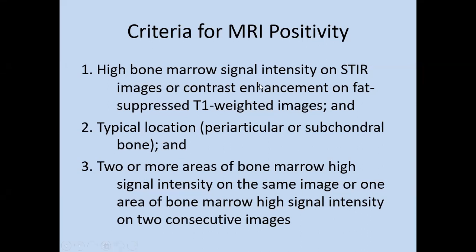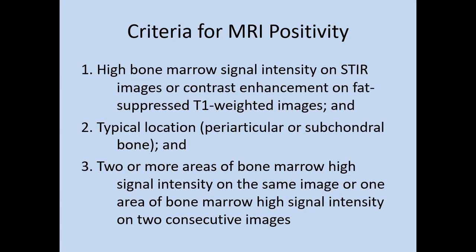The first thing is you should detect osteitis or the edema around the sacroiliac joints, and you detect that on either a T2 fat-saturated sequence or on a STIR sequence. Secondly, that edema should be in the periarticular or subchondral region of the bone. Criterion number 3: if you saw 2 or more areas of bone marrow edema on the same image, that's considered positive.